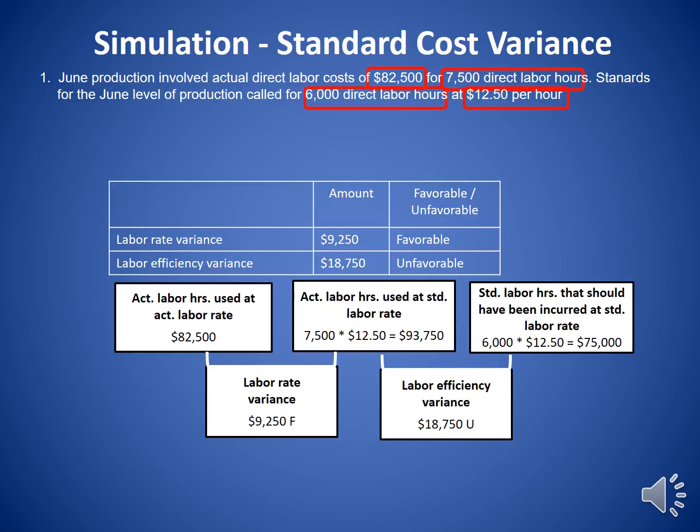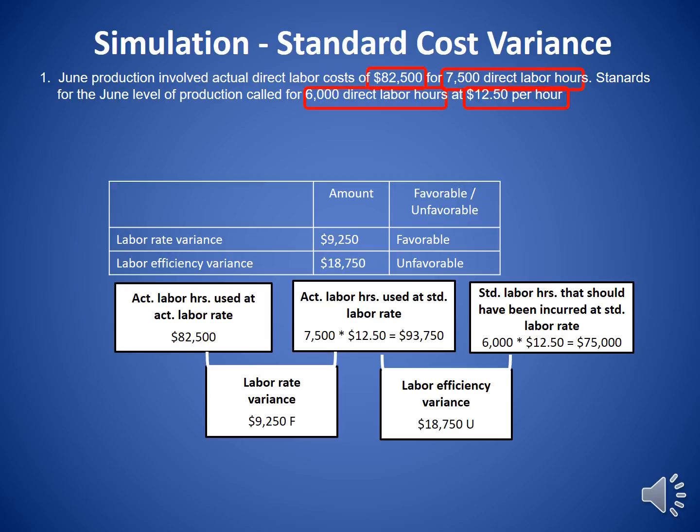Now we want to take the actual hours that we paid and value them at our expected labor rate, or our standard labor rate. Okay, our actual direct labor hours paid were 7,500 direct labor hours times our expected rate, which would be $12.50 an hour.